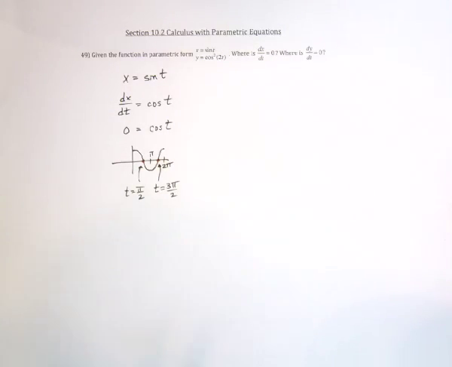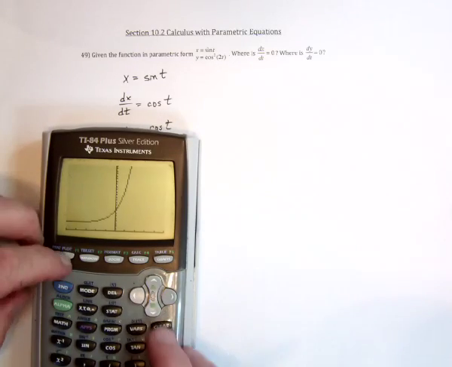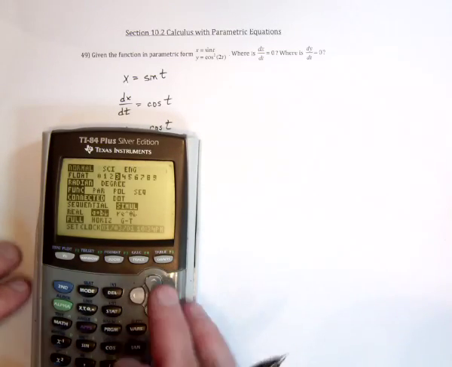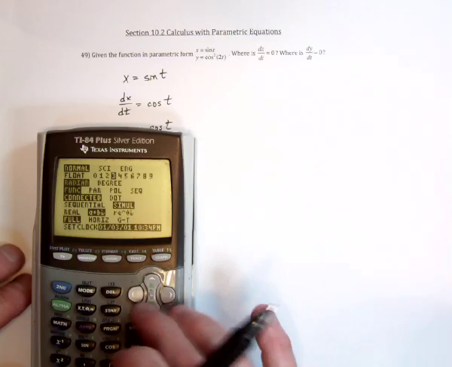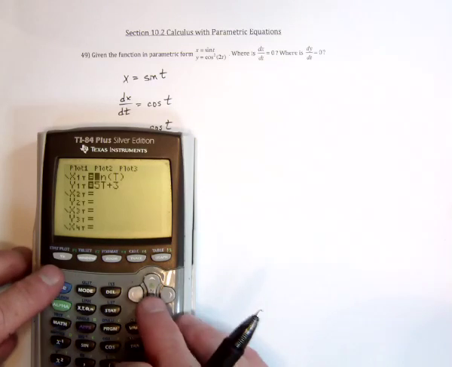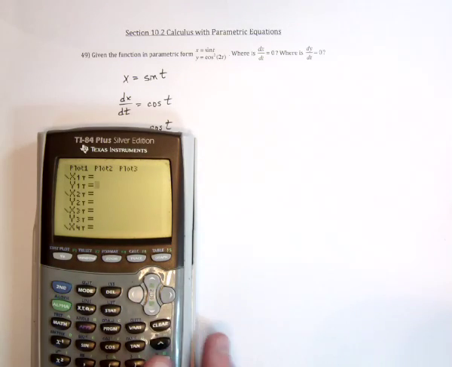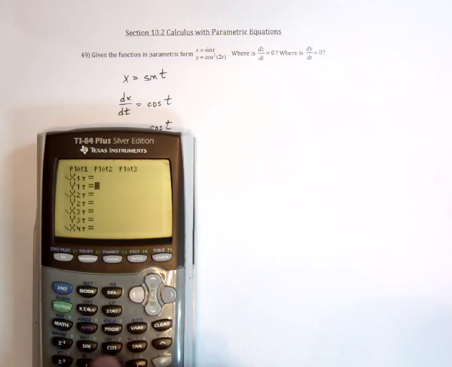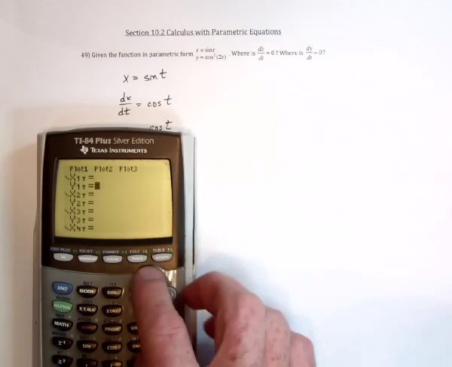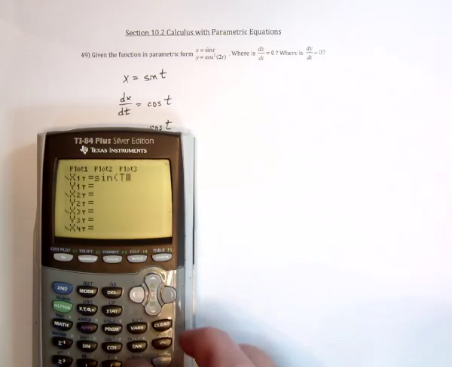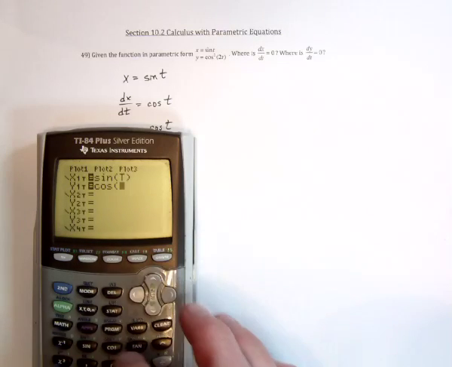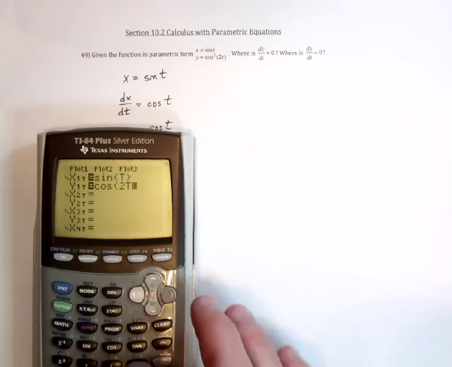Pi over 2 and 3 pi over 2. So we need to change it back to parametric. Okay, so it's going to be sine of t for x and cosine squared of 2t.